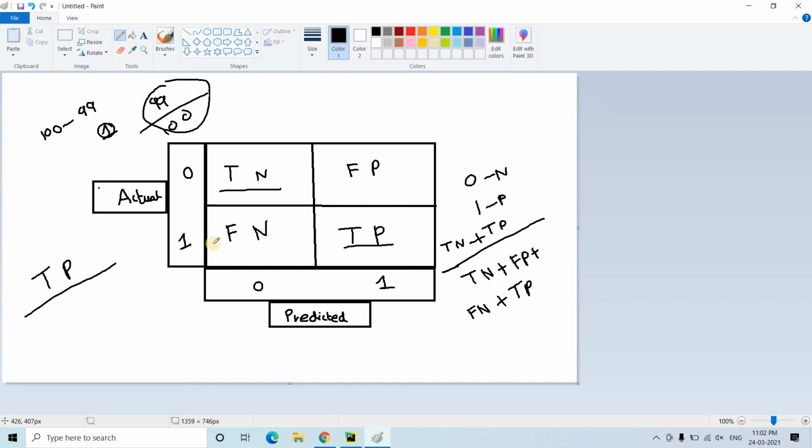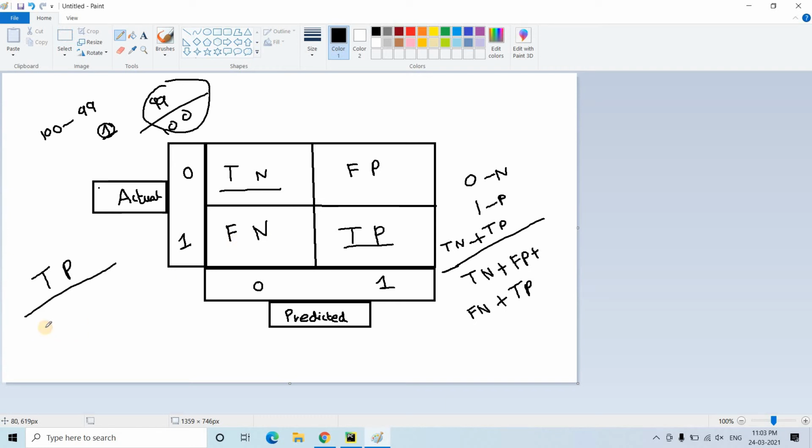If the person is actually suffering from a disease and our model says the person doesn't have that disease, a very big mistake might occur. That time we should take care of this false negative. In the model training part, we should focus on this.